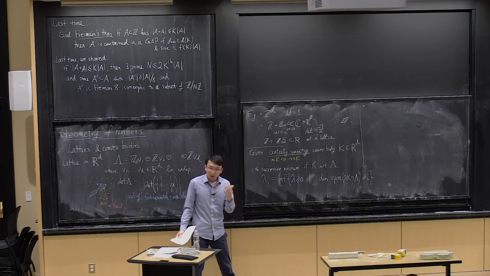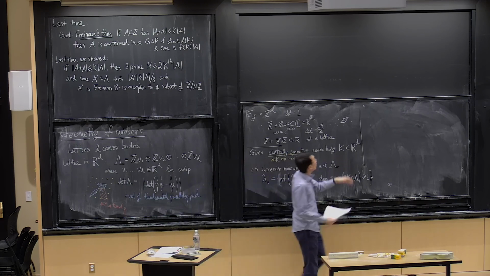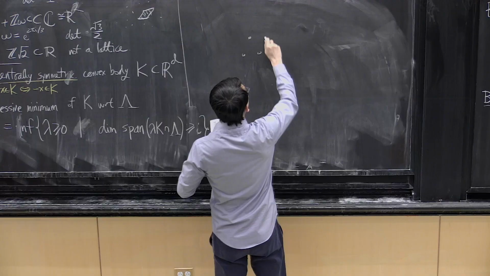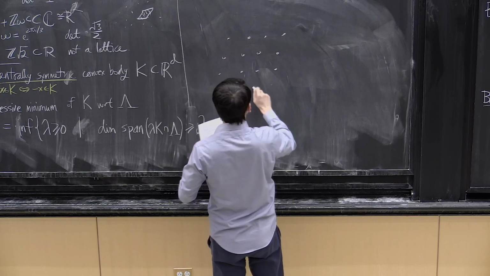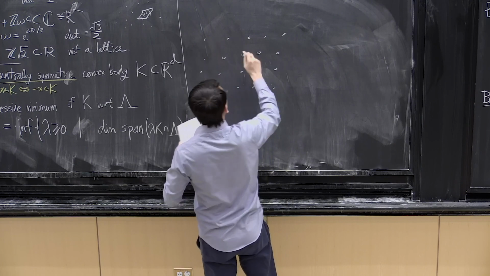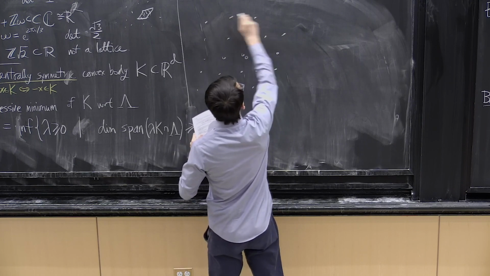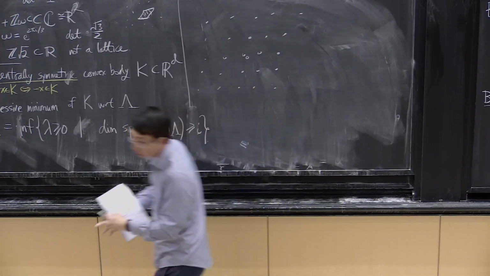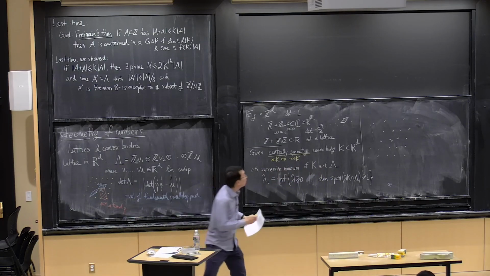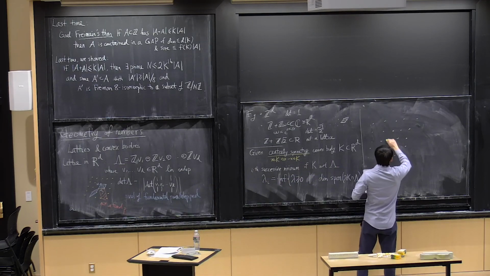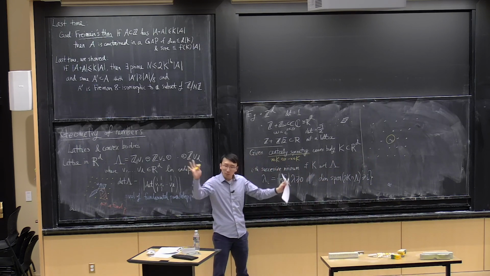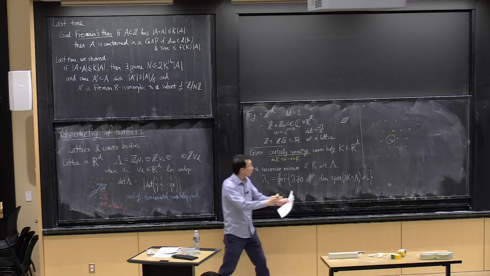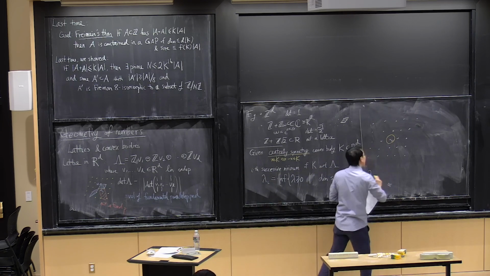I start with a lattice. Right? So I start with some lattice, and I have some convex body. Okay, so this is 0, let's say. So I have some centrally symmetric convex body like that. Initially, it could be bigger as well, but let's scale it so that it's quite small initially.